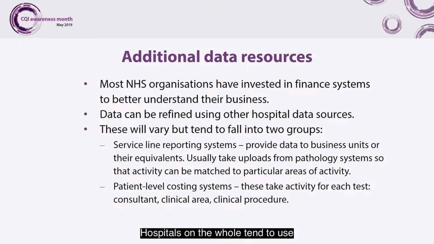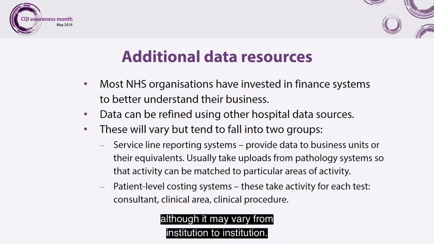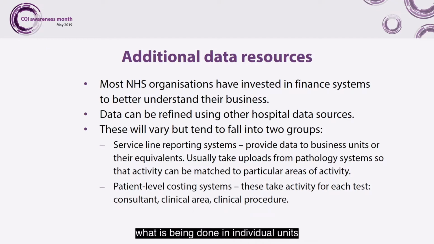Hospitals on the whole tend to use two different types of systems, although it may vary from institution to institution. Many have set up what are called service line reporting systems, which are there to provide data to business units or their equivalents within the hospital that look at the activity, and they can take uploads from pathology systems, but they can look at what is being done in individual units and measure activity in that way.